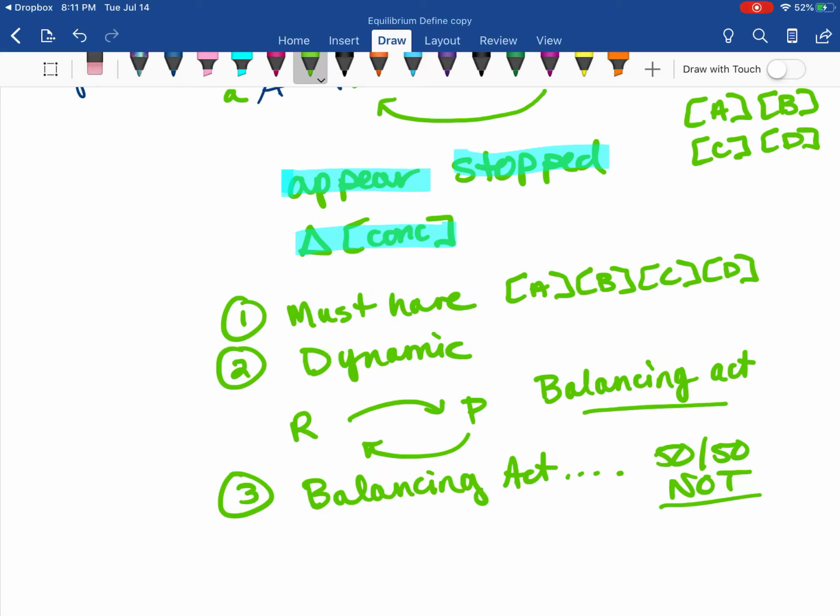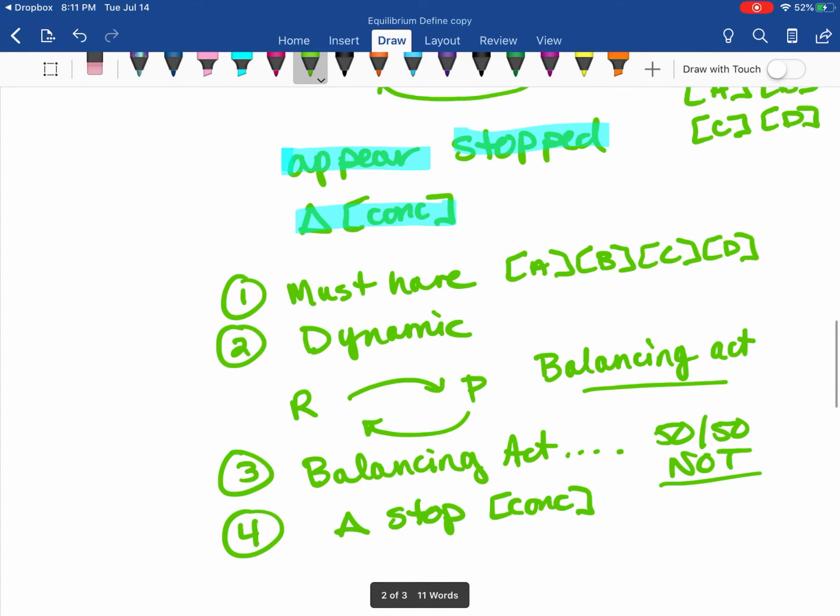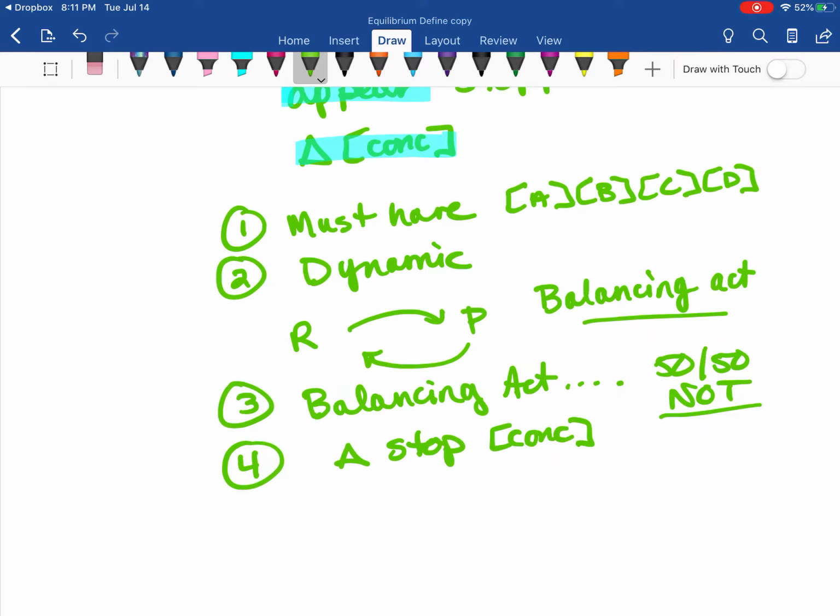In fact, you can have 1 atom of D and C and 1 billion atoms of A and B and still be in equilibrium. You just have to have all species present, and it has to look like your concentrations have stopped changing. It does not have to be 50-50.